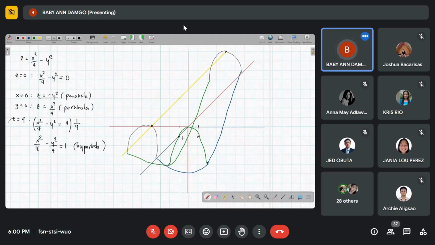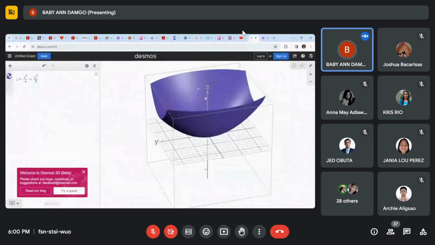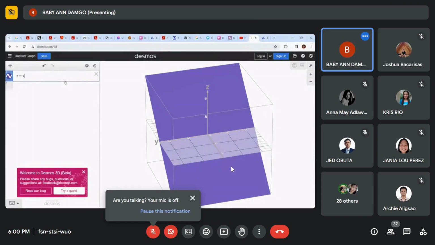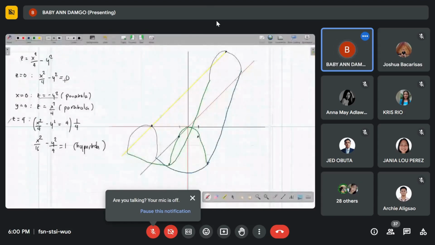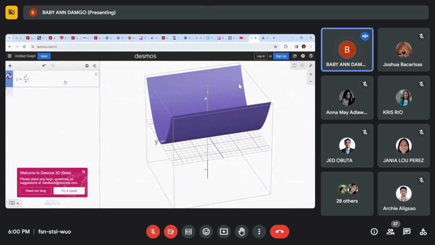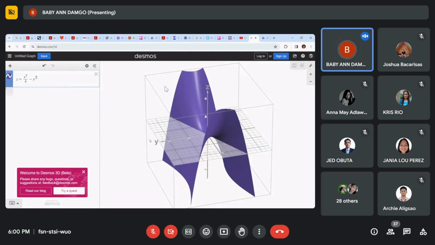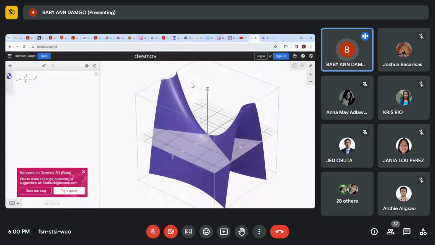So asa man ni siya i-connect. So ato sa i-search siya kung sa yung graph. Actually, this is the graph.